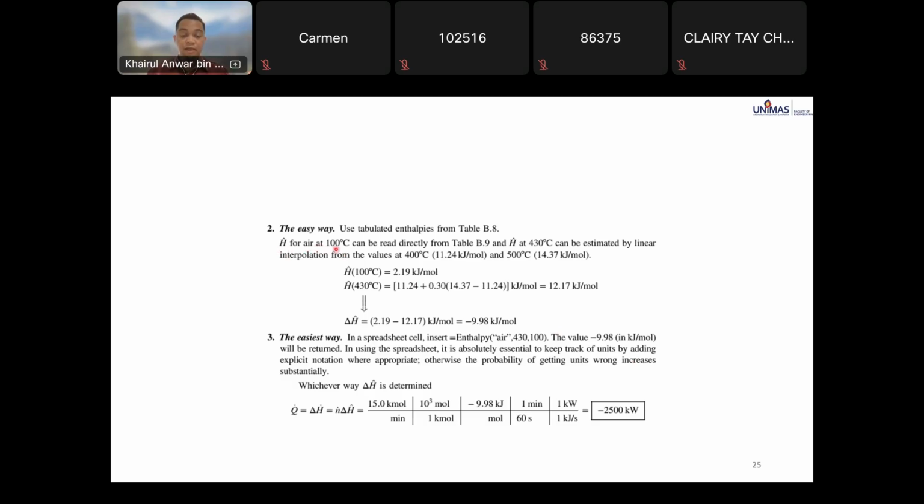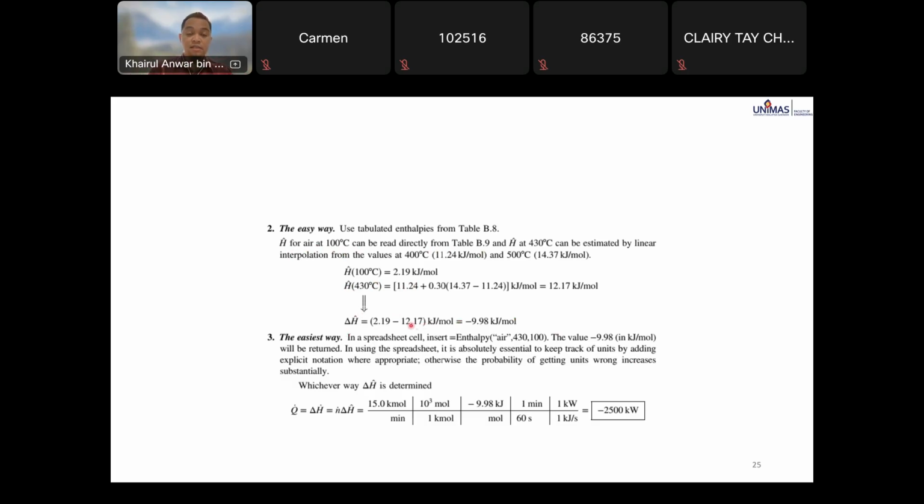So enthalpy for A at 100 degrees C can be directly read from table B9, and enthalpy at 430 can be estimated by linear interpolation from the value 400 and 500. This is the interpolation. So H at 430 degrees C equals 12.17 kilojoule per mole.